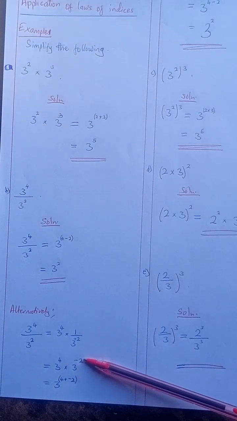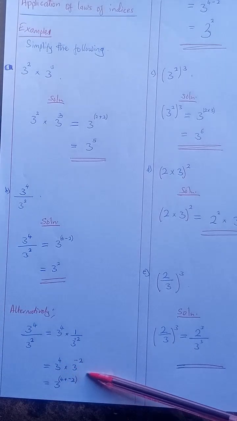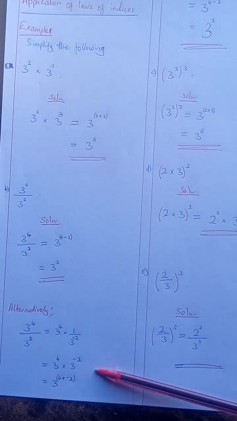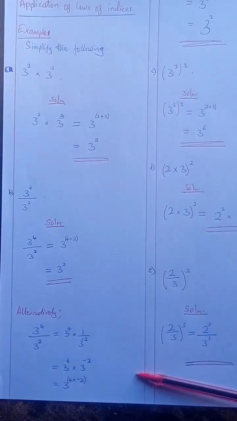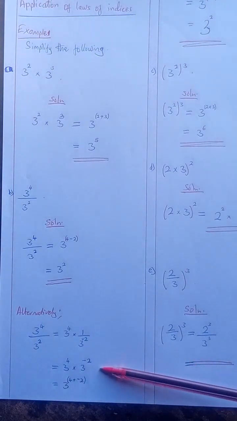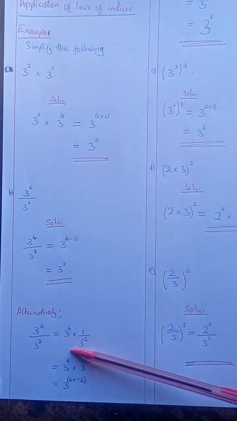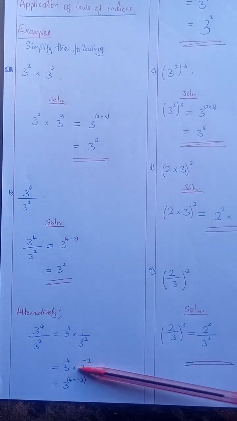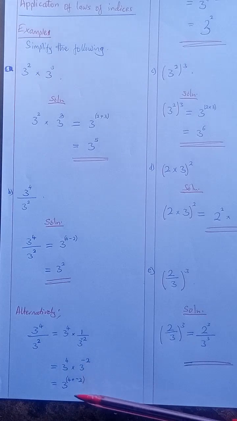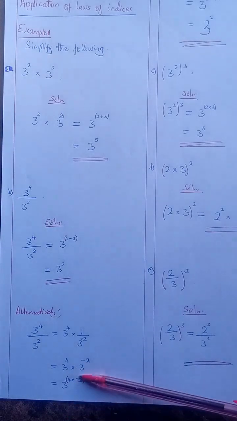Then from here, since the bases are the same and it is multiplication, this is by adding the powers. Since the bases are the same and they are being multiplied, what we do, we write only one base, then we add the powers.